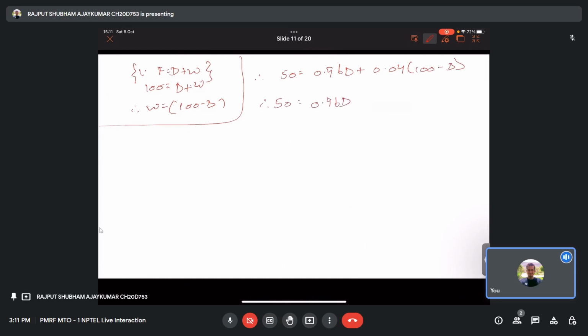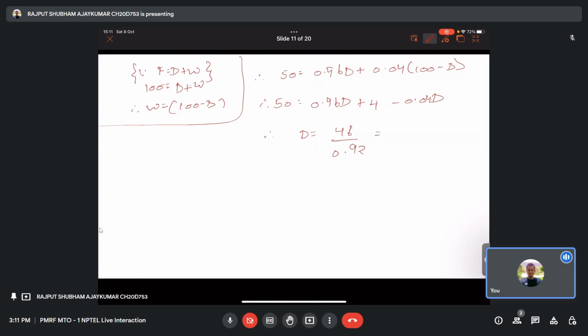Further simplifying, you will get the answer as follows. After solving this, you will get D as 46 by 0.92, because 50 minus 4 will be 46, and 0.96 minus 0.04 is 0.92.